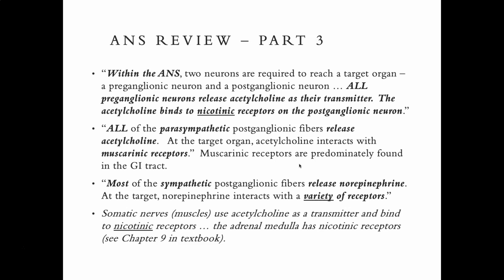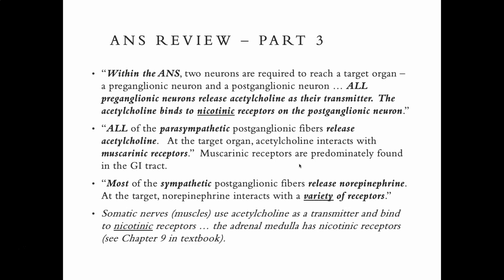And the pre are releasing acetylcholine to transmit to that postganglionic neuron. The acetylcholine binds to nicotinic receptors on that postganglionic neuron. So in your mind, be thinking preganglionic neuron, acetylcholine, nicotinic receptors on that postganglionic neuron to get to that organ, that target organ.